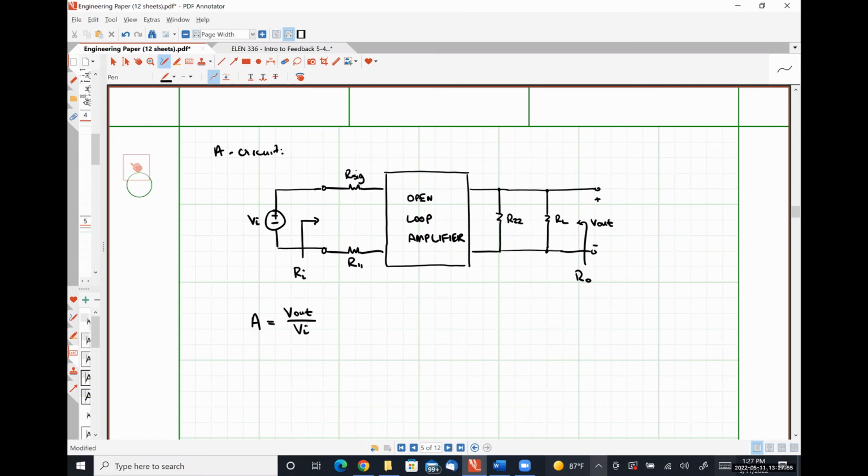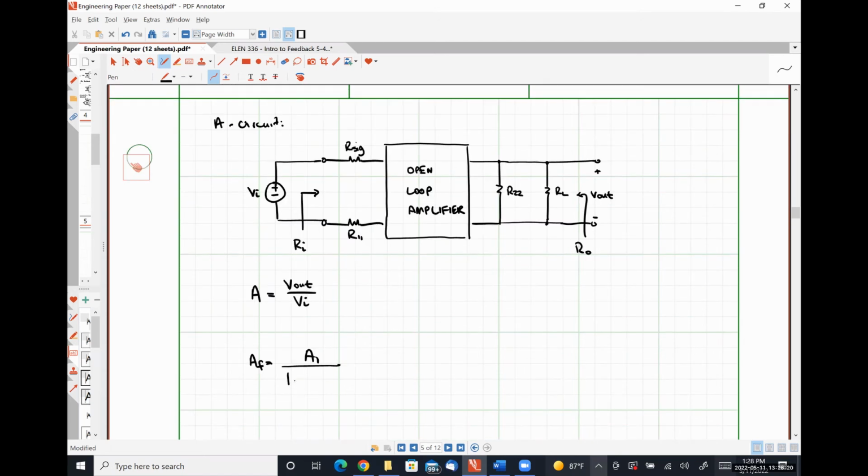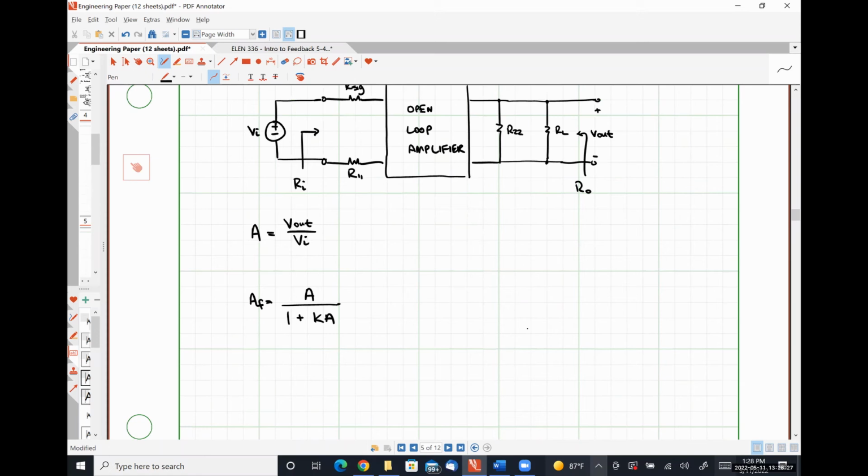So what I mean by that is, once we figured out what our feedback network is doing to our circuit, once we've calculated our open loop gain, taking into account all of the different ways that we are loading the circuit, we know that AF is simply A over 1 plus KA.